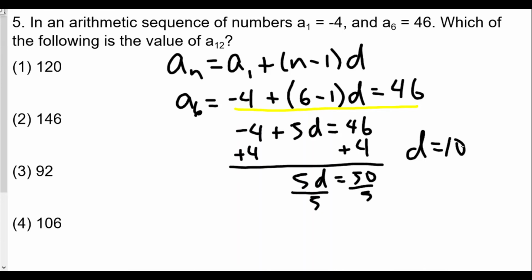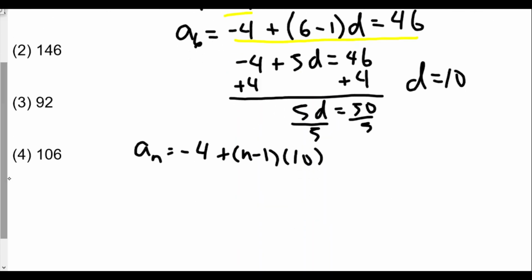So we now know our common difference. We still know our first term. We will now find our explicit definition. a sub n is equal to a1, which is -4, plus n minus 1 times 10. Let's see if I can move this down a little bit here. Yep. All right.